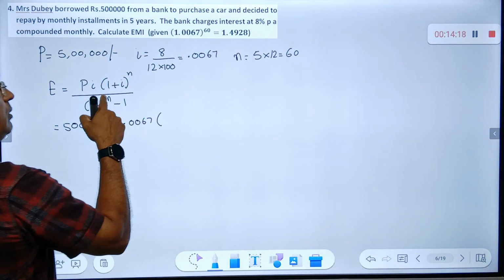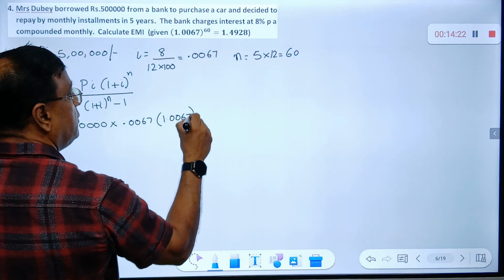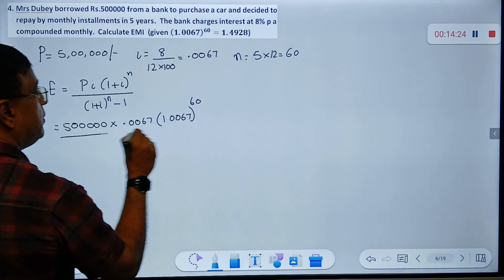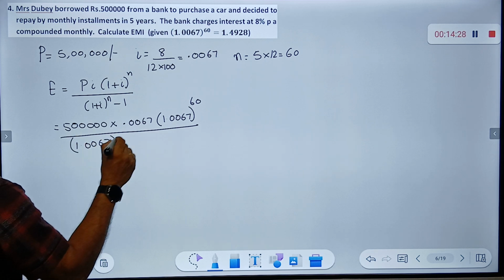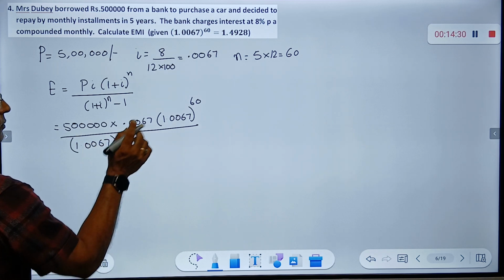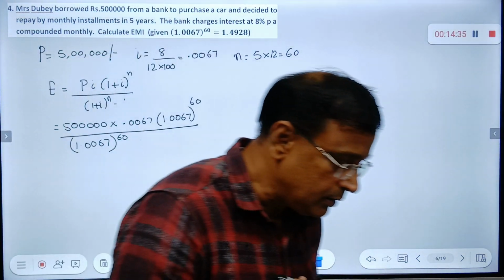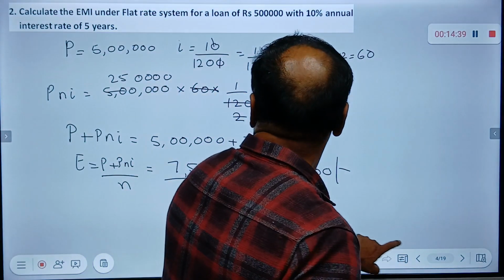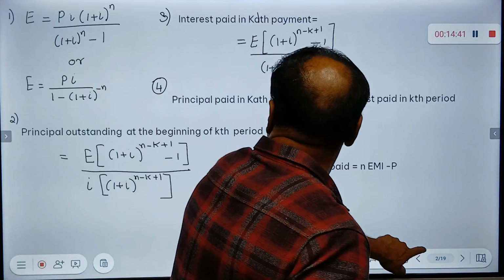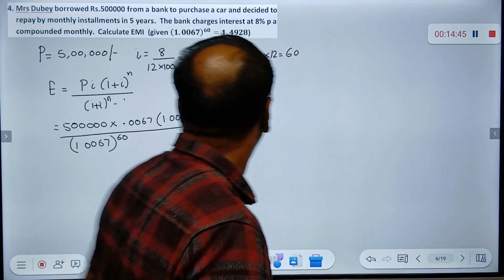And what is 1 plus i power n? 1.0067 whole power 60 divided by 1.0067 whole power 60 minus 1. Correct? I made a mistake in the formula earlier, it's just minus 1.